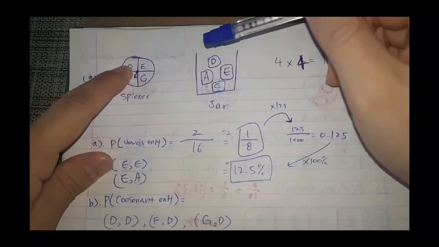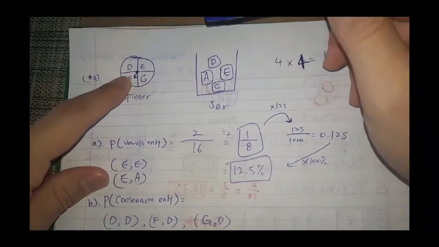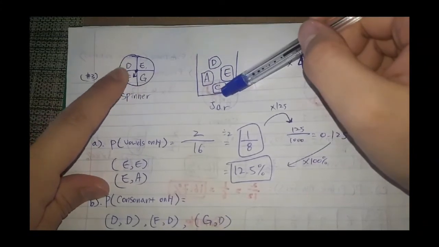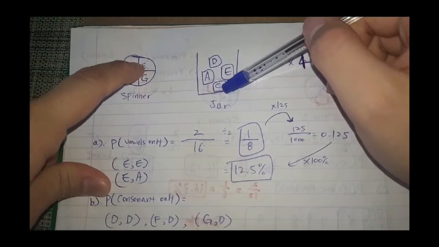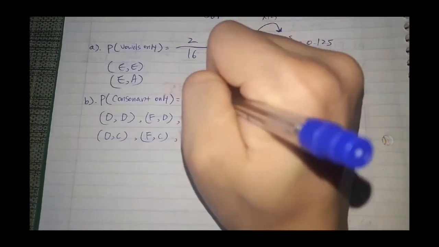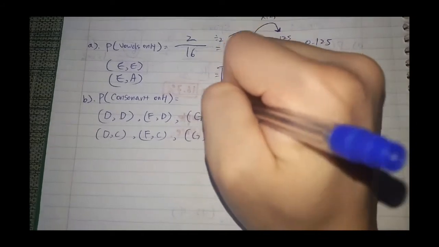D, D, D, C, F, D, F, C, G, D, G, C. Avoid anything E or A and E. So there you go. We have 6 predicted outcomes or estimated outcomes that are satisfied out of 16.